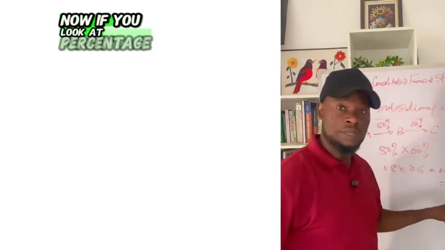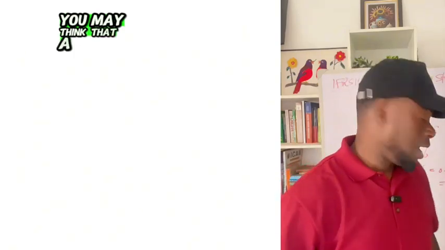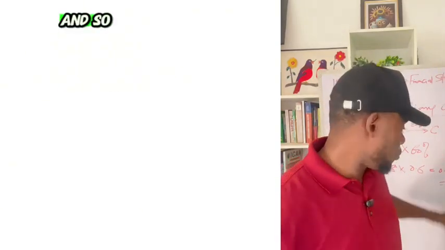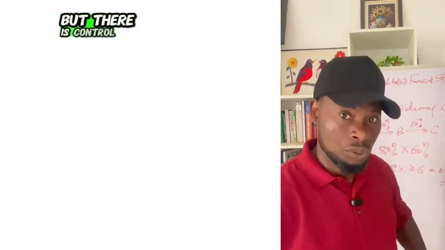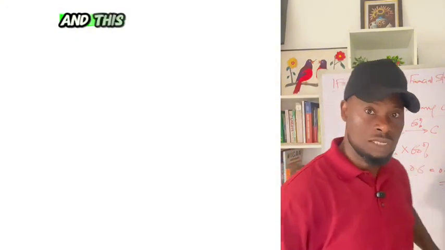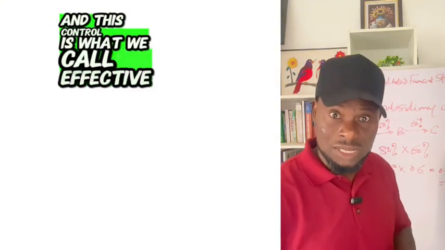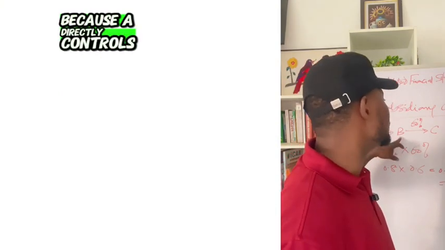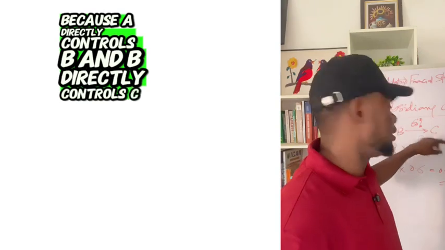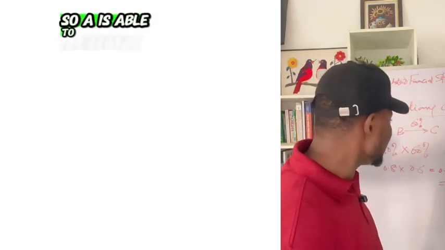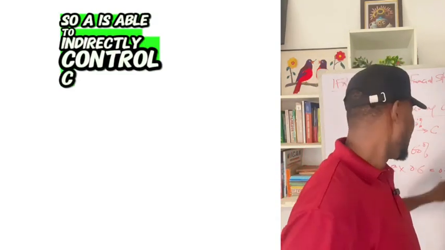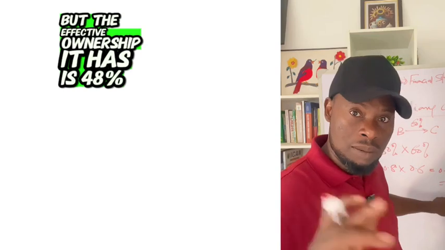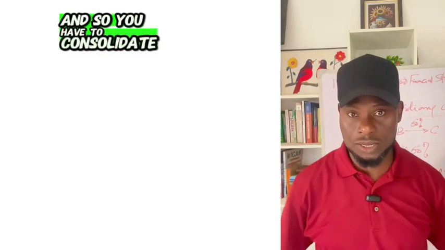Now, if you look at the percentage, you may think that 48% is less than 50, and so there's no control. But there is control. There is evident control, and this control is what we call effective ownership, because A directly controls B and B directly controls C. So A is able to indirectly control C. But the effective ownership it has is 48%. And so you have to consolidate.